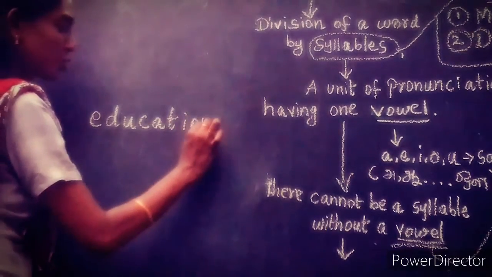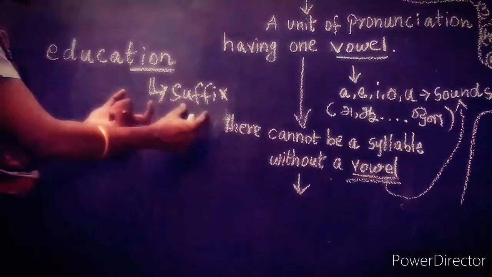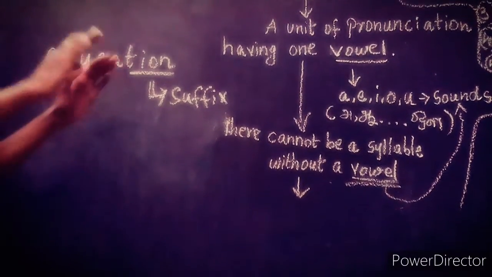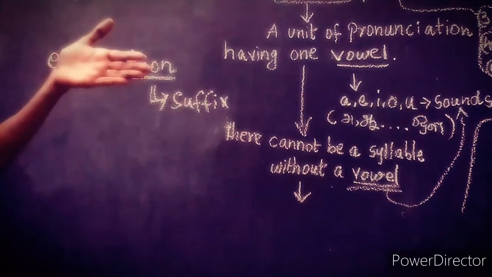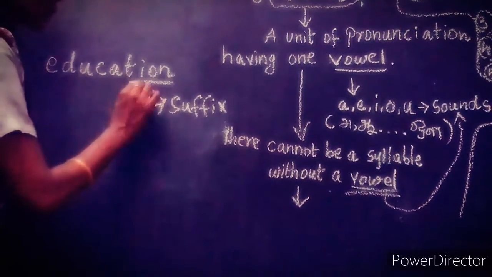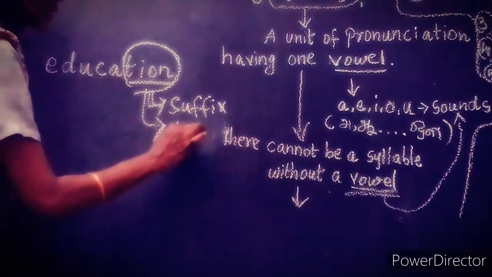See this example, education. Okay, education. So the extra fitting words like suffix or prefix should not be broken into syllables. Okay. Syllabify the term. We have to take it as a whole and as a single syllable. Okay.